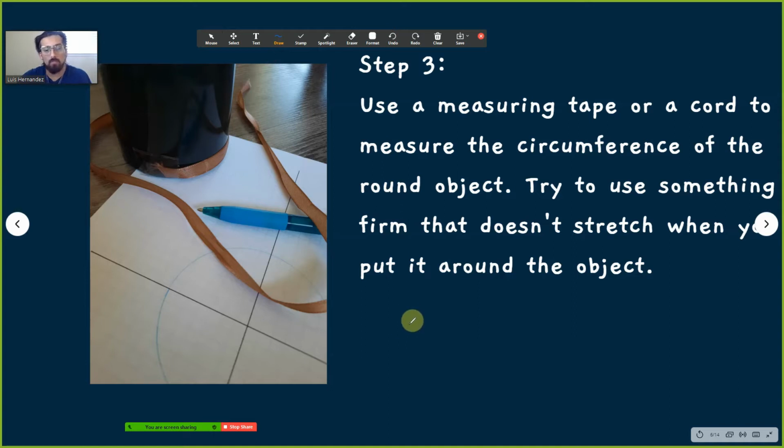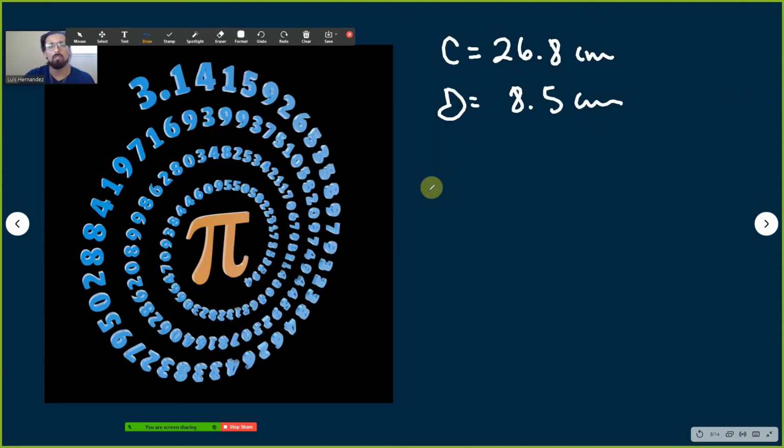And what I found was this circumference, which I am going to call C, actually I have that on my ruler, 26.8 centimeters. So the ratio or the relationship that we found between these two numbers, of course, is the division of them, 26.8 divided by 8.5.